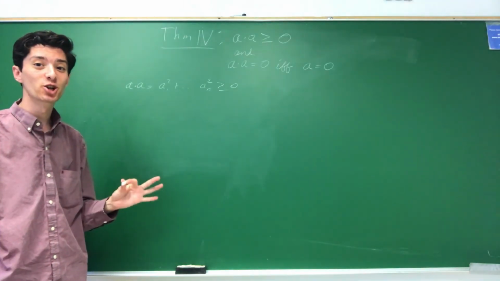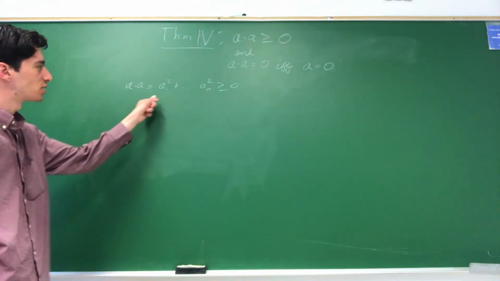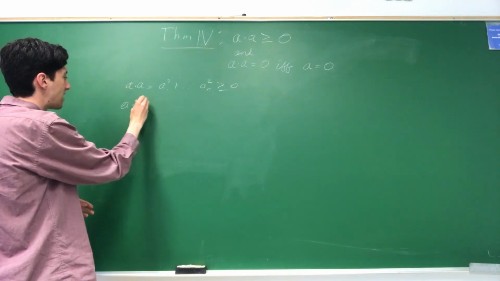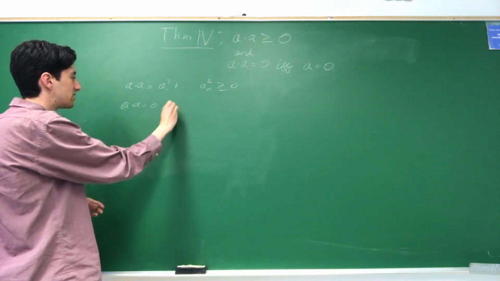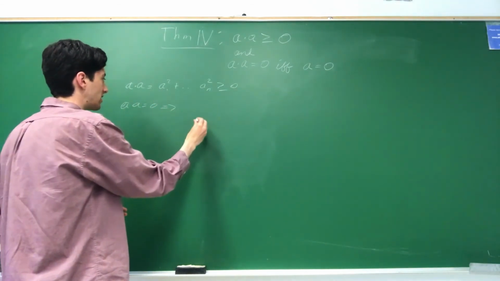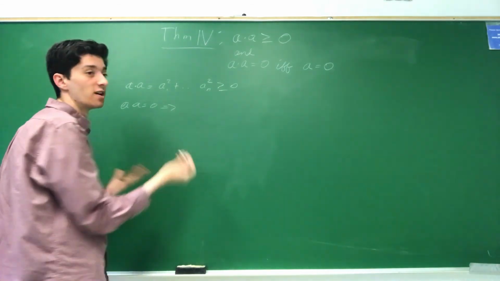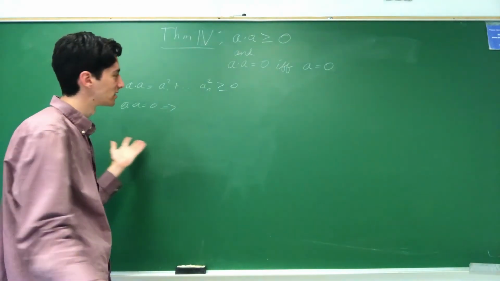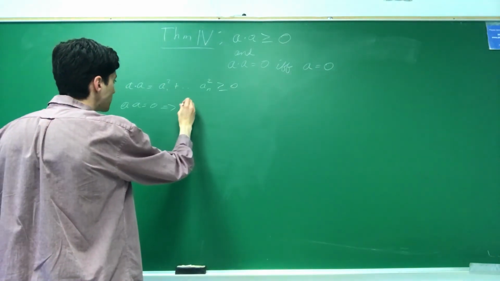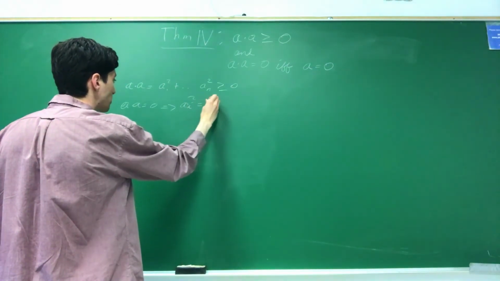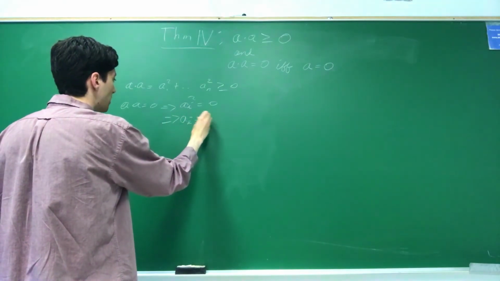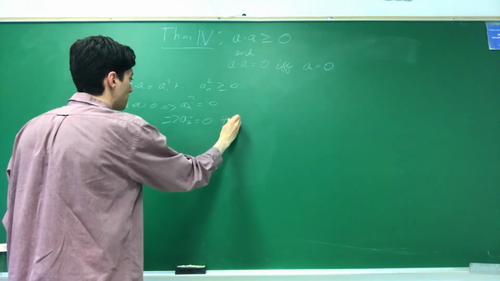The only way for this sum to be 0 is if each of the individual terms is 0. So A dot A equals 0 implies that each term is 0, because otherwise it would not be 0, it would be positive, and none of these can be negative. So a_i squared equals 0, which implies that a_i itself equals 0 for all i.